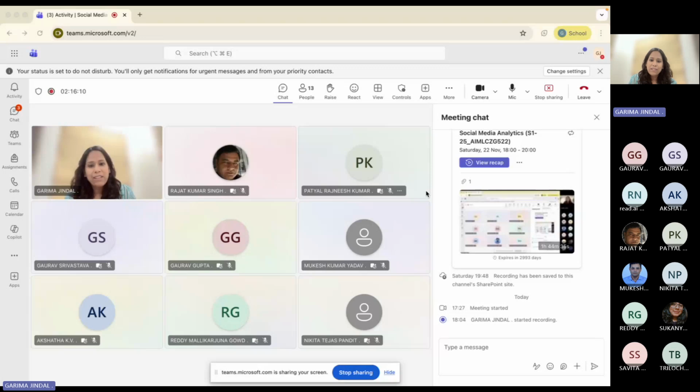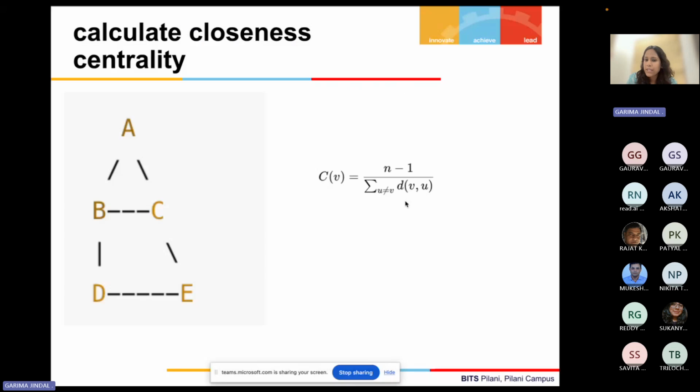That's why there is an inverse relationship between the average distance and the closeness centrality value. If the average distance is more, I want the closeness centrality to be less. And if the average distance is less, that means I am very close to all the other nodes, then the closeness centrality should be high. So there is this inverse relationship. That's why we are taking the inverse here.